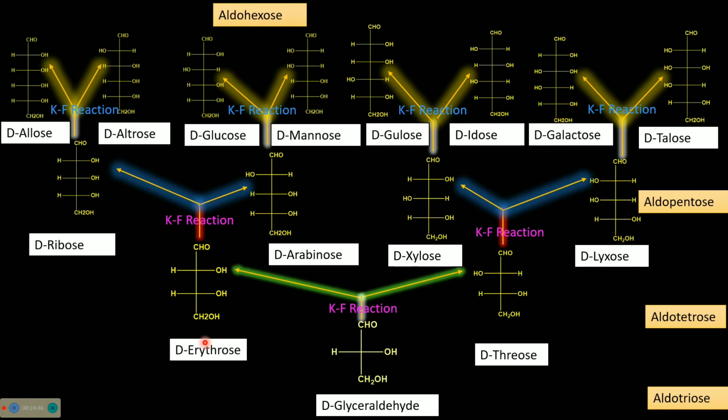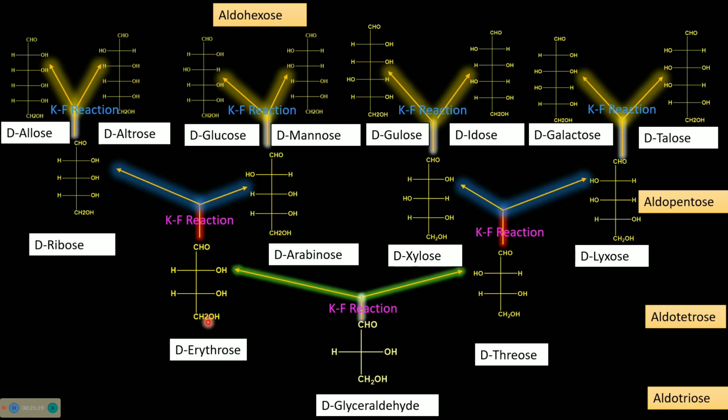So I just told you that the bottommost chiral center in the reactant will be retained in the product, but just below the aldehyde group an extra chiral center will form, and the stereochemistry of that chiral center will be different in the two different products.